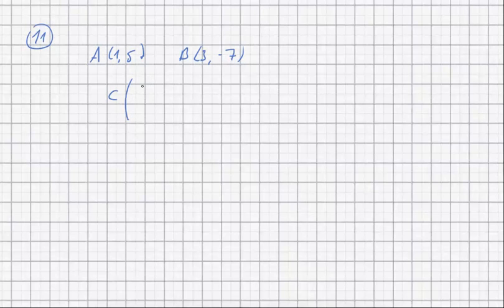So xm equals 1 plus 3 divided by 2, and ym equals 5 plus minus 7 divided by 2. 1 plus 3, 4, divided by 2, is 2.